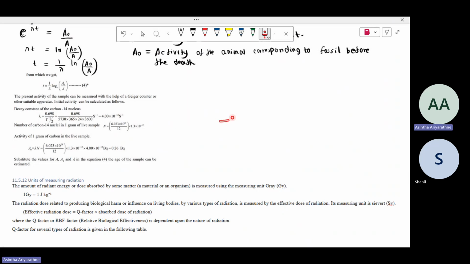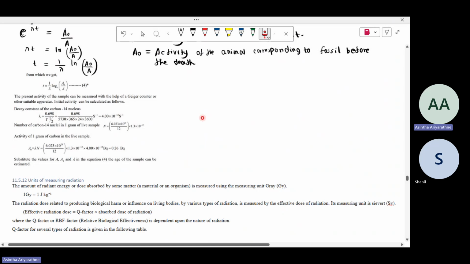In 12 gram of carbon, we know there are 6.023 times 10 to the power 23 atoms. By chemistry knowledge, in 1 mole of any element there are 6.023 times 10 to the power 23 atoms. This is the Avogadro number.